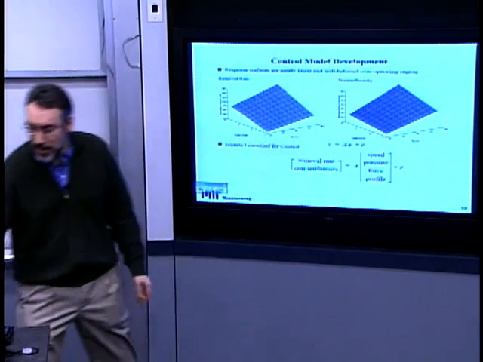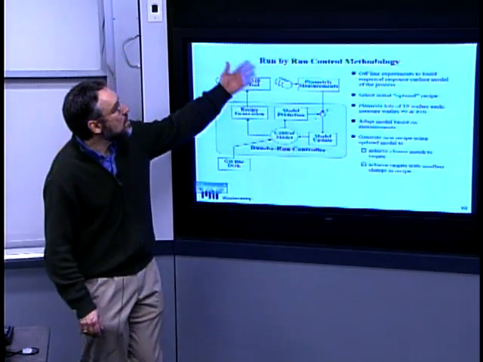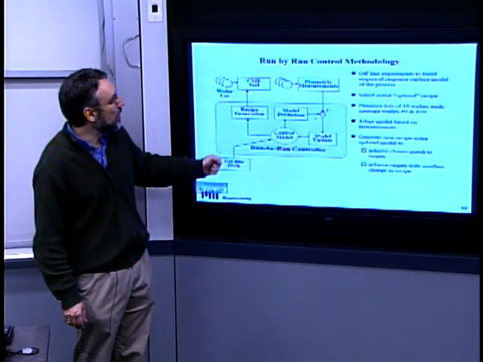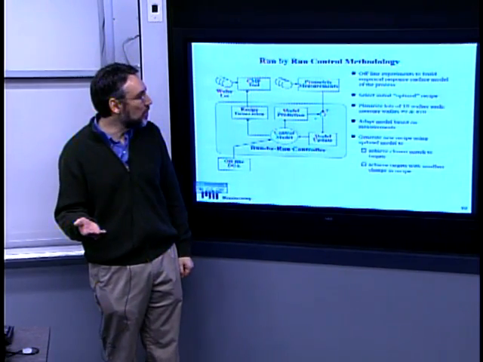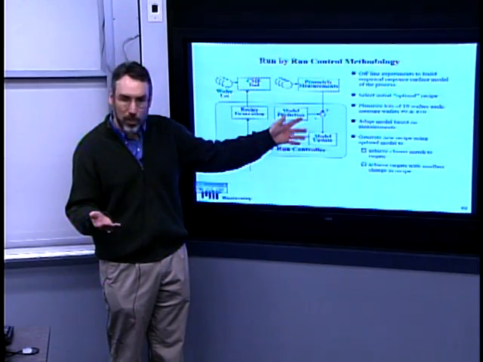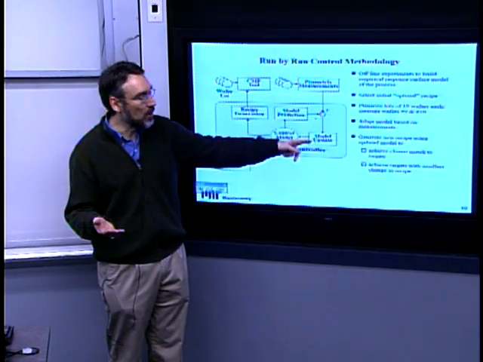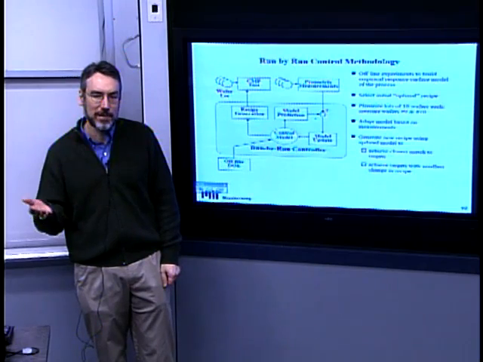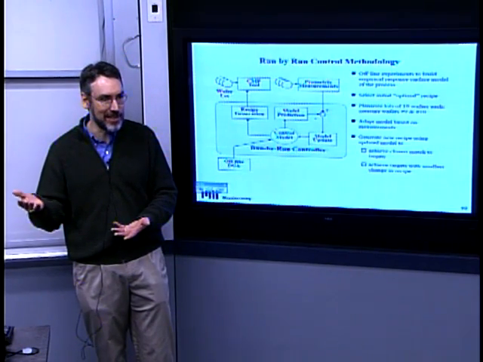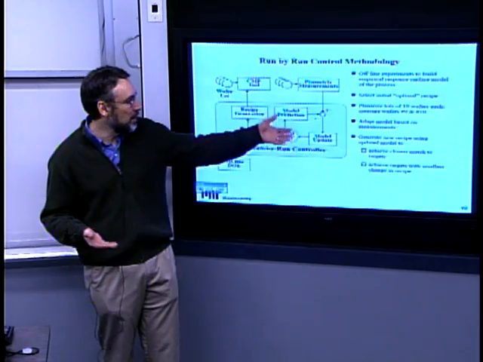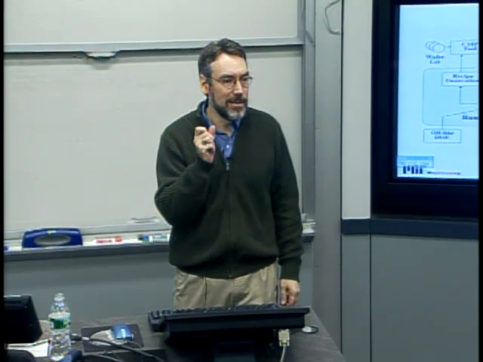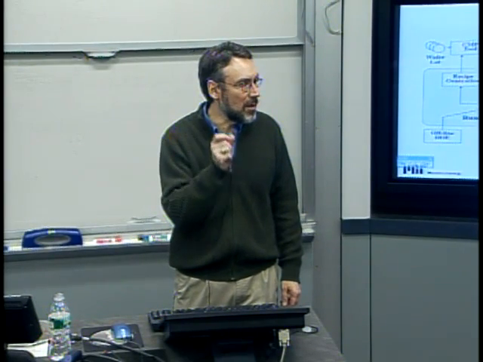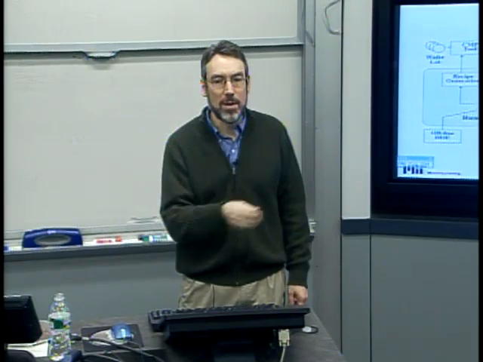I can now use this in a run-by-run control kind of feedback situation where I make a measurement on every wafer that comes out, what the average removal rate was, use that together with this empirical model, perhaps do a model update to track the changing state of the equipment and pad as it also gets perturbed from run to run. Use that new model to say, for the next wafer, change the recipe slightly, polish a little bit longer, or press a little bit harder to compensate for that known characterized variation source.